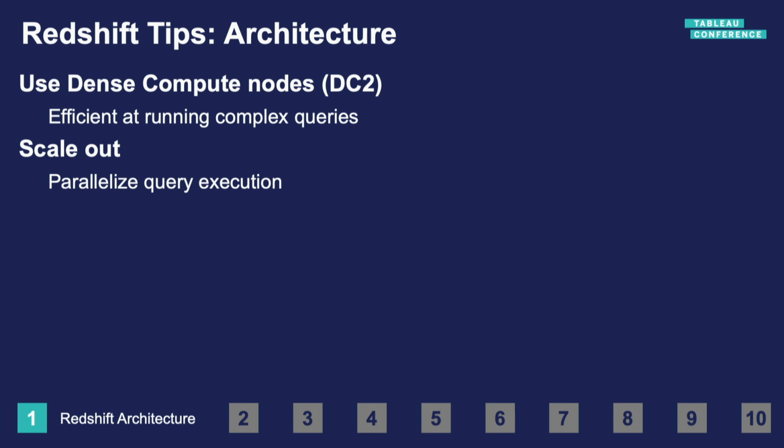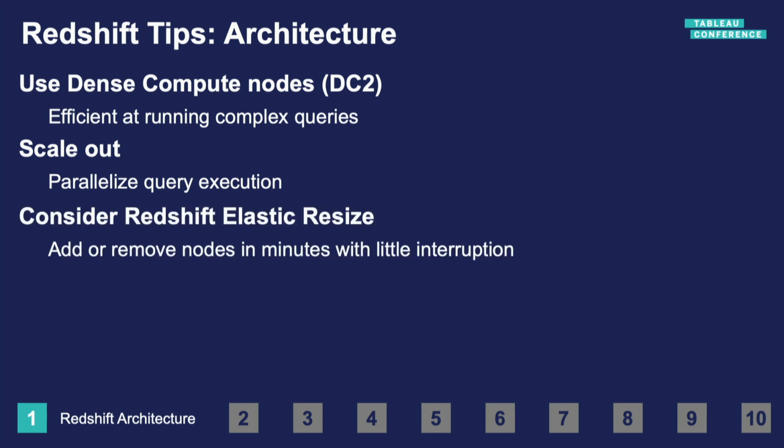So our recommendation, obviously, is scaling out, having more nodes, and that way you can achieve more efficient processing. And finally, if you're going to play with your cluster size, there's a feature called Elastic Resize that allows you to expand your cluster very easily in a matter of minutes and with very little interruption. So you can play with that. It's a lot easier than doing it manually.